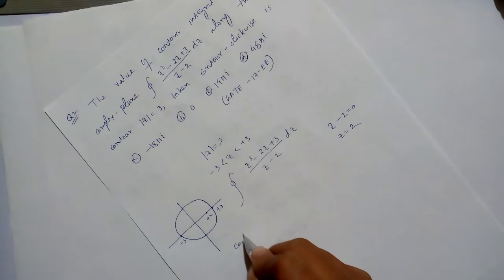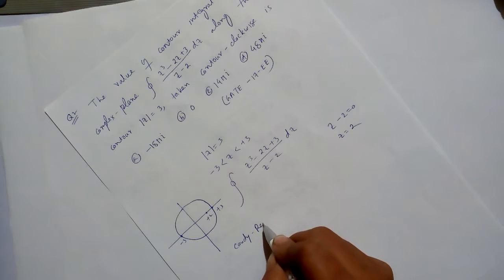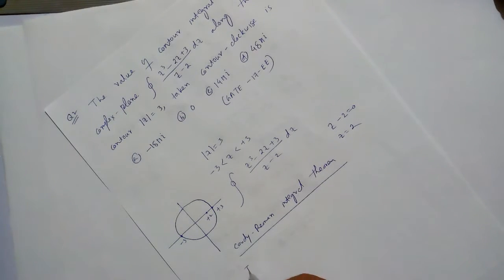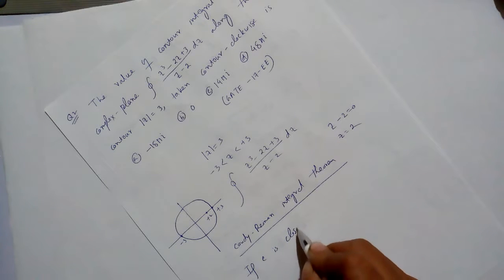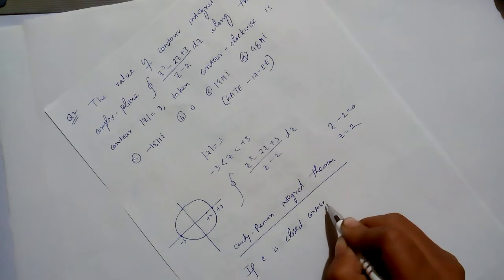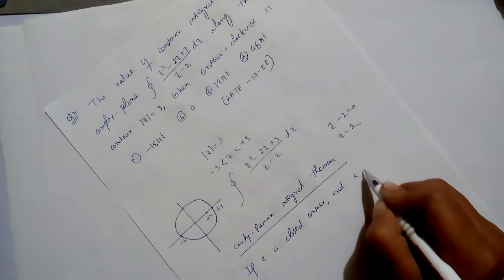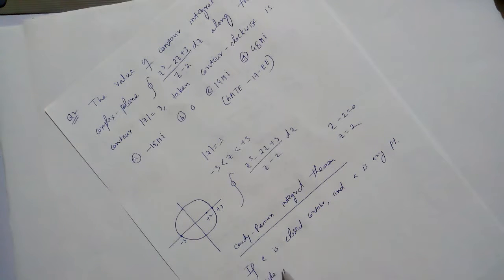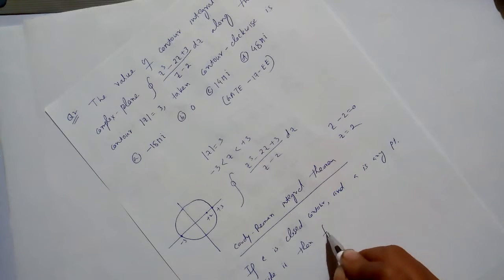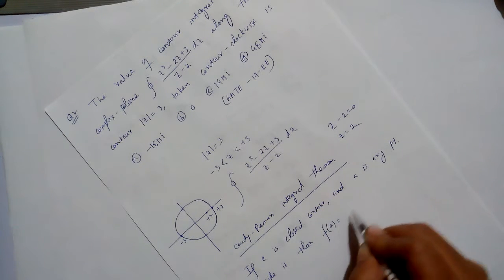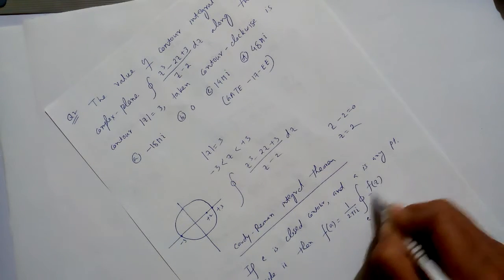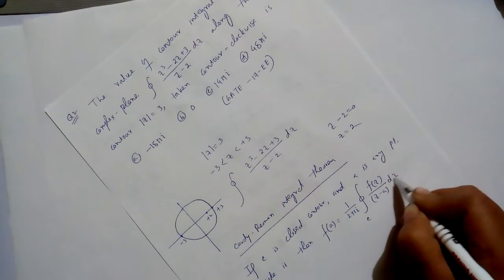Let me state it once. The statement is: if C is a closed contour or closed surface, and a is any point inside it, then by the Cauchy integral formula, f of a equals 1 by 2 pi i times the integral over C of f of z by (z minus a) dz.